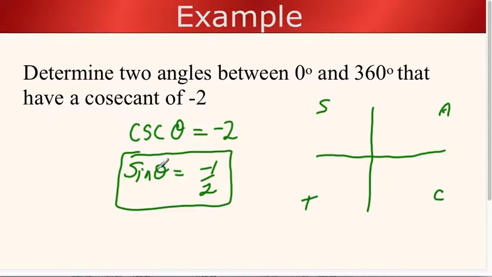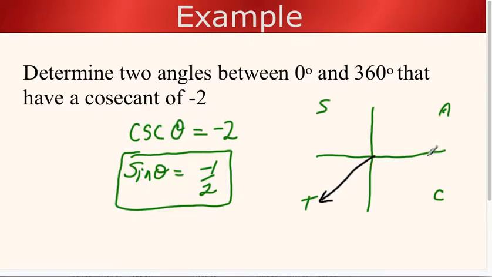Notice the angle here is giving off a sine ratio that is negative. So it can't be in quadrant 2, because sine would be positive there. And it can't be in quadrant 1, because sine, cosine, and tan are all positive in that quadrant. So it's got to be in the third quadrant.